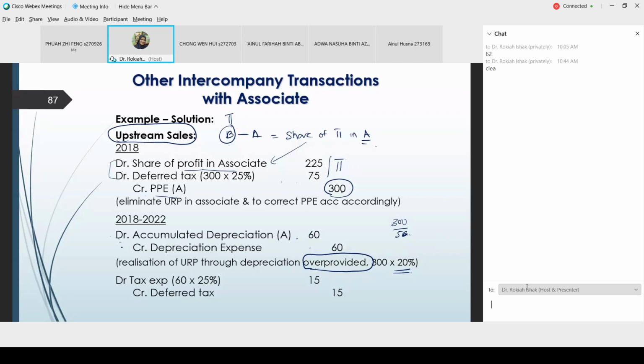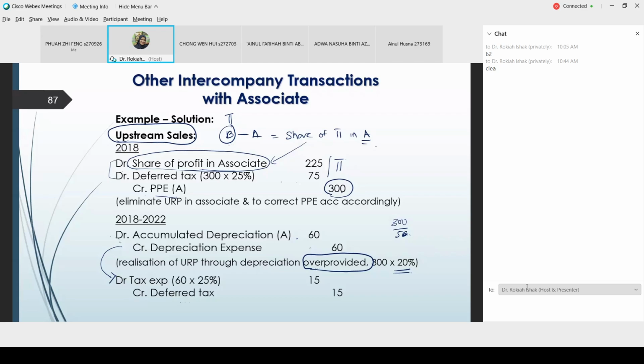Once you credit your depreciation expense, you need to recognize the tax expense: 60 times 25%, and credit deferred tax 15. So the difference is the account we are using. For upstream sale, we're going to use share of profit. For downstream sale, we're going to use investment in associates. Any questions for this one?